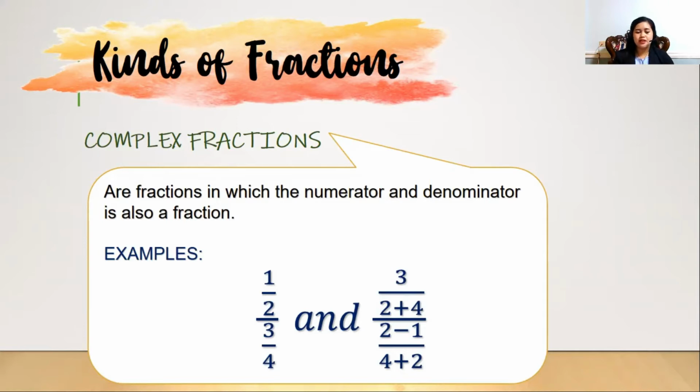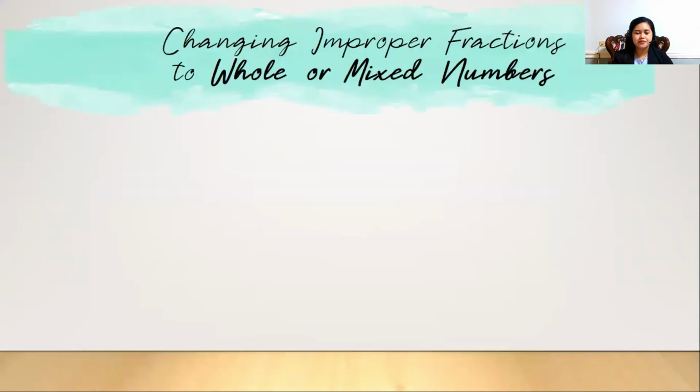These are examples of complex fractions. A complex fraction is the same as dealing with division of fractions. So that's it, our four kinds of fractions: proper fraction, improper fraction, mixed number, and complex fraction.